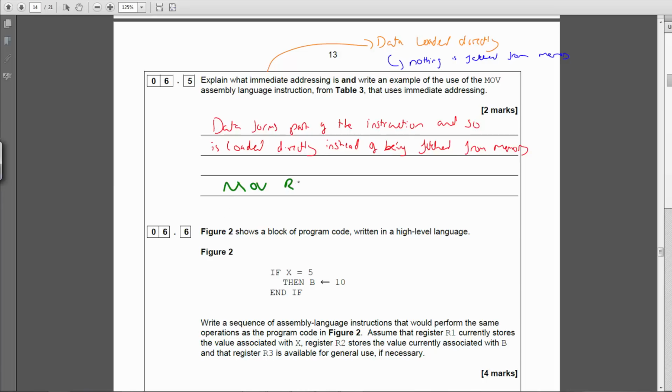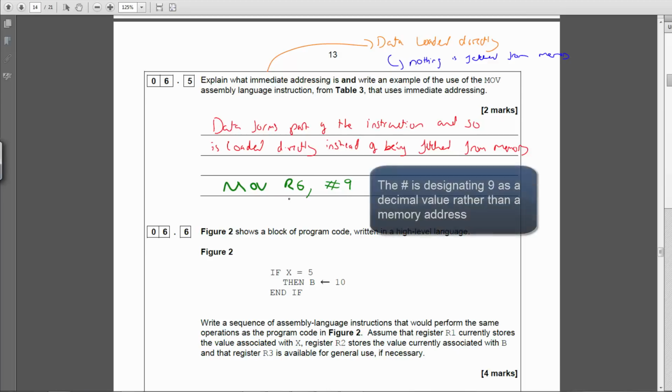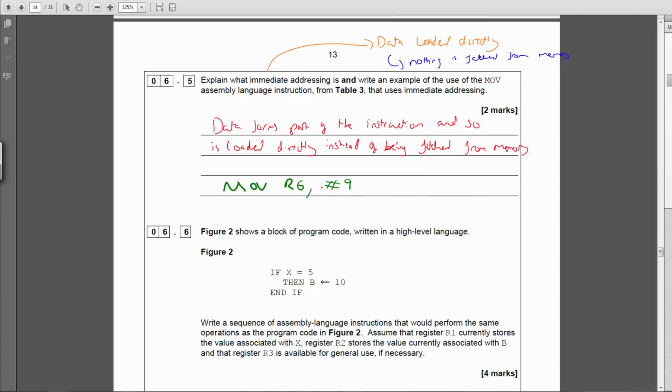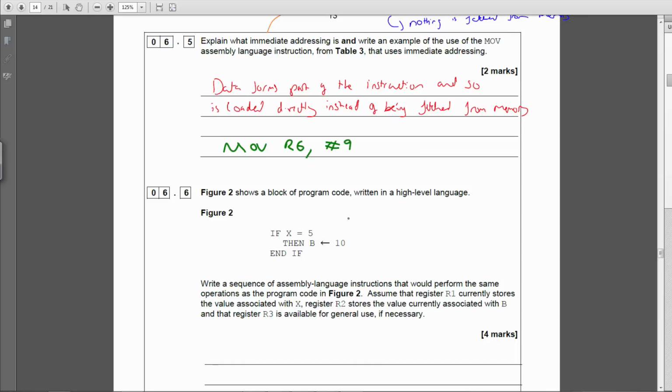So let's do register 6, then a comma, then a hash and just any number, say 9. This is saying we need to move 9 to this register, but instead of being an address somewhere in memory, it goes direct to the register. So it forms part of the instruction as opposed to two separate parts. That's sort of a textbook definition of it.